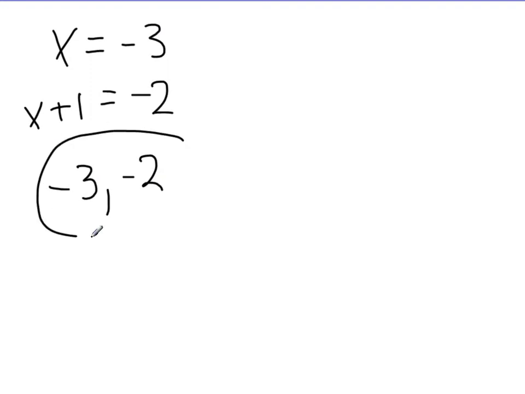If we have x equals negative 3, which is kind of an odd way to view consecutive integers, the next guy in line, we'd have to add 1, right? We're thinking about consecutive integers. So x is one of the integers. The next one is plus 1, which gives us negative 2. So one of our answers for our consecutive integers is negative 3, negative 2. Let's hold on to that.